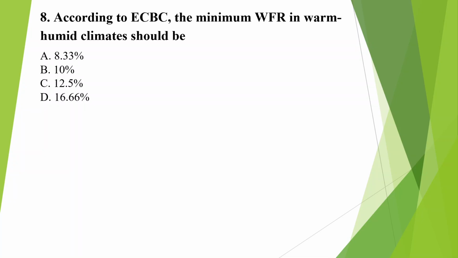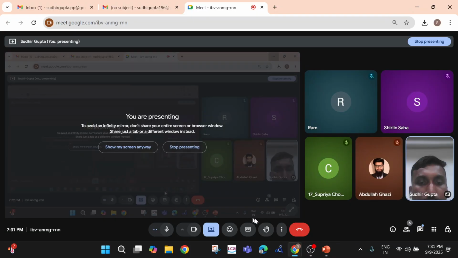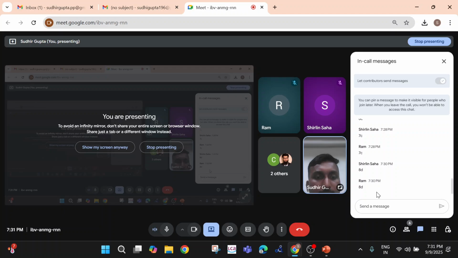So for this particular warm and humid climate, try to answer what should be the correct answer. Okay, as I can see, option D has been opted by most of you.